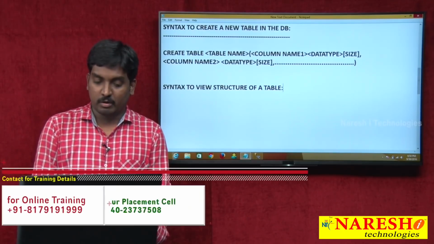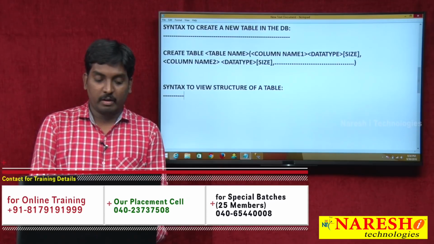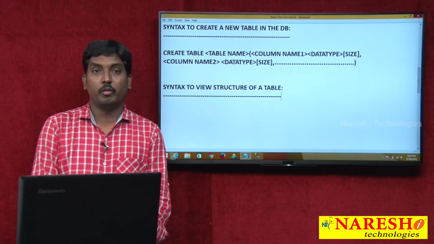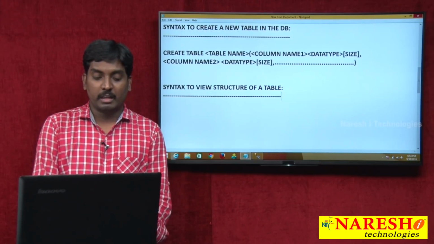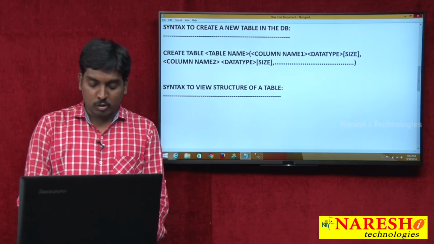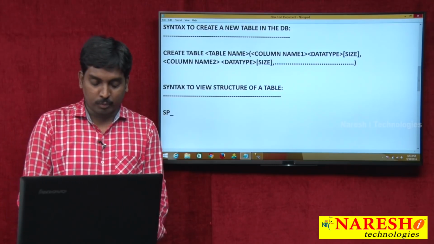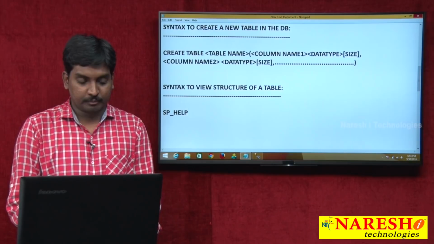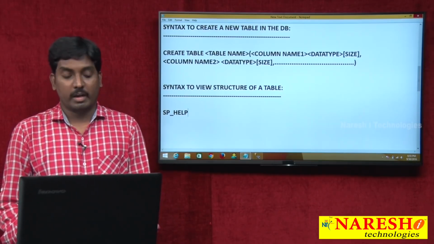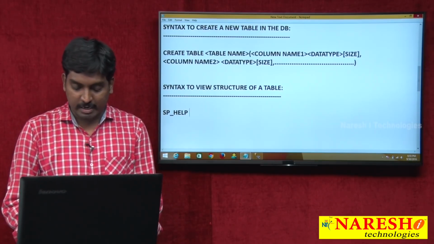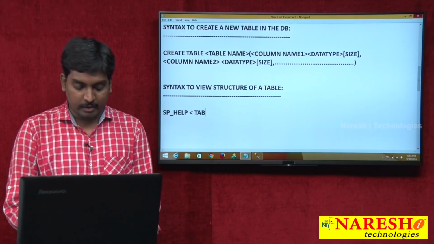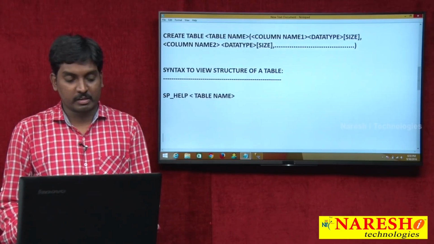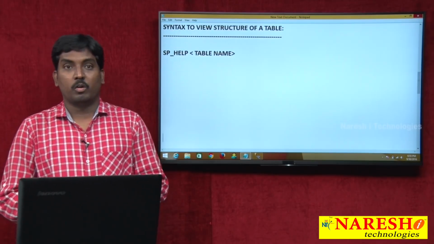So whenever I want to view the structure of a table, I am going to use one predefined stored procedure, that is called sp underscore help, and later I want to send the table name. What is sp underscore help, we will discuss at the time of the procedure concept.